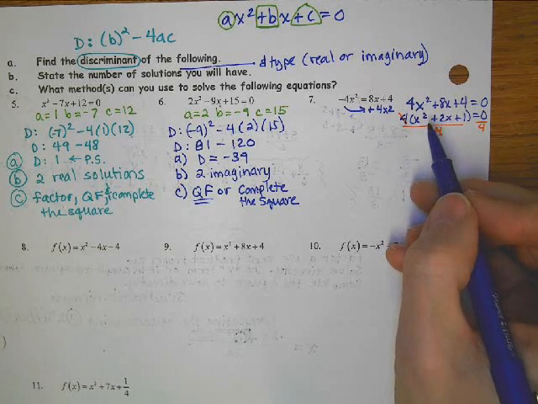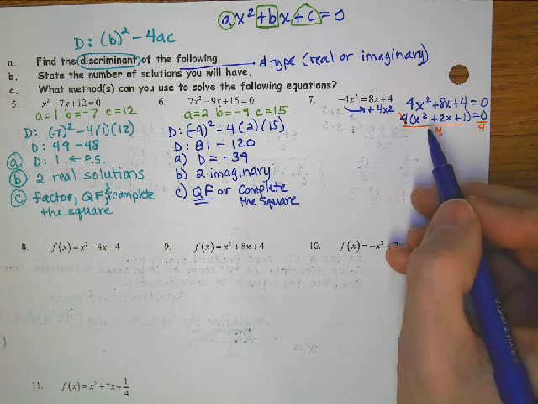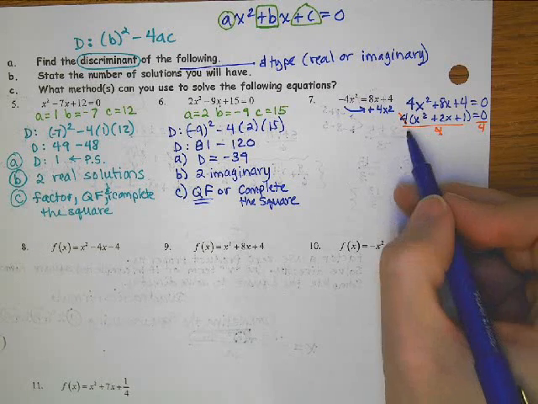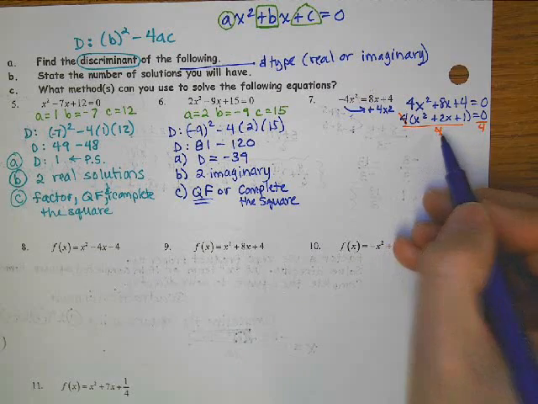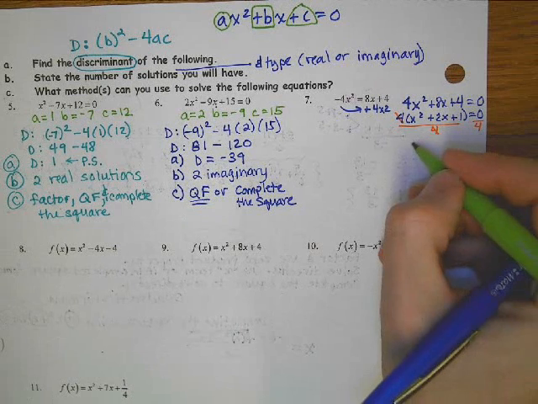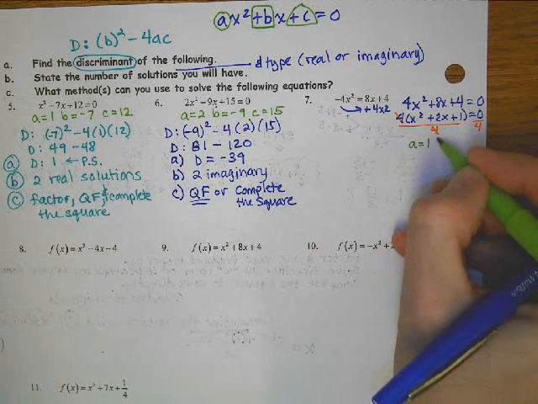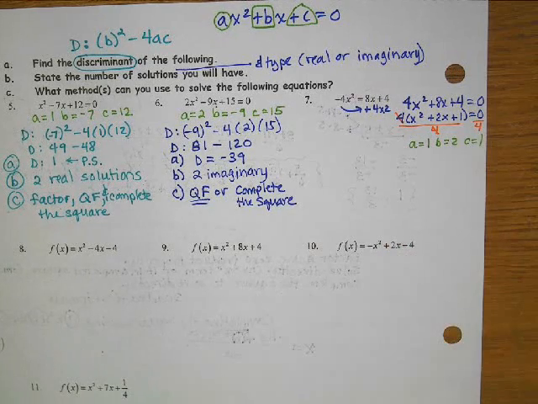If it's positive in the original, it'll be positive in the reduced, as long as you do the work correctly. So you don't have to worry about that changing the answer as long as you factor and divide out correctly. All right, so at that point we can identify our A, B, and C. So here we would have A equals 1, B equals 2, C equals 1.